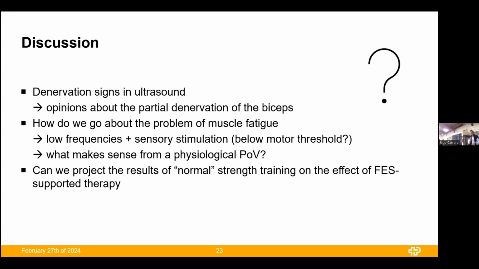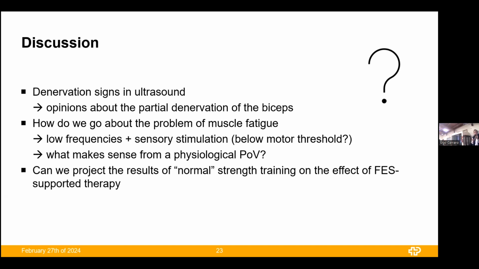I think there is still very, very much to be discussed in this matter, but I would also be eager to know if anyone has input about this, to know your opinions about the denervation signs in the biceps. Why do we only see that in this very small part of the biceps, or is it only one head of the biceps that is denervated?